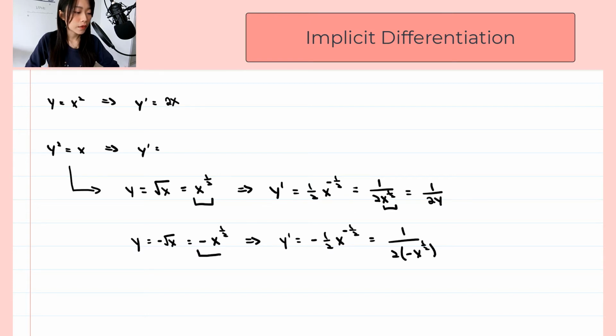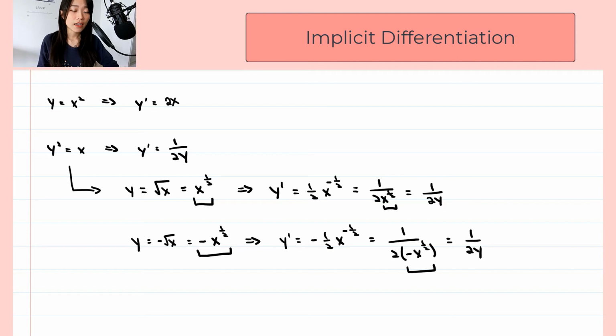And since y equals negative x to the power of half, here we can substitute this by y, so this also equals 1 over 2y. So we found that for the equation y squared equals x, its derivative y prime equals 1 over 2y.